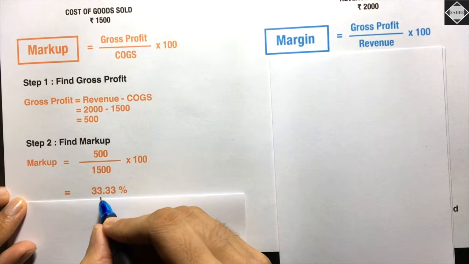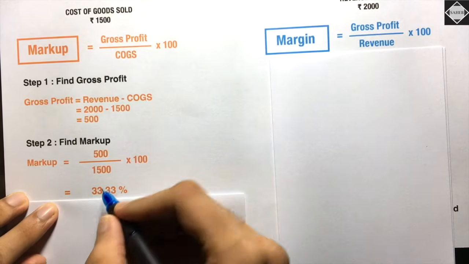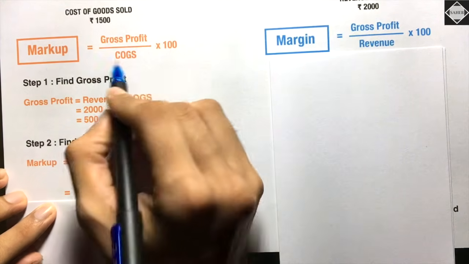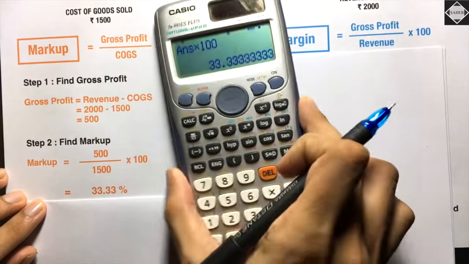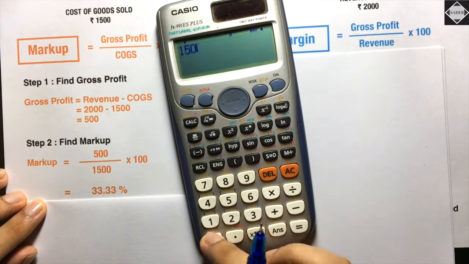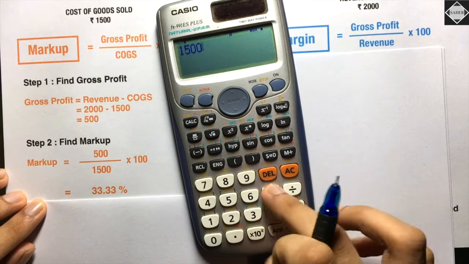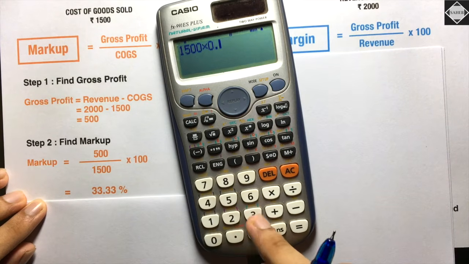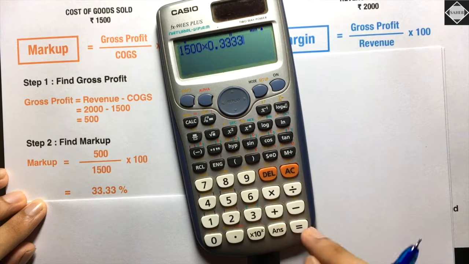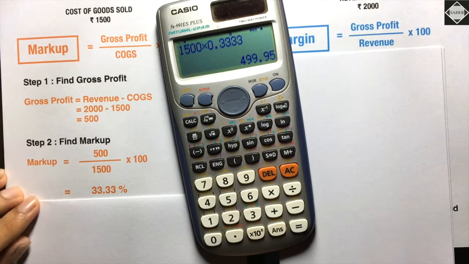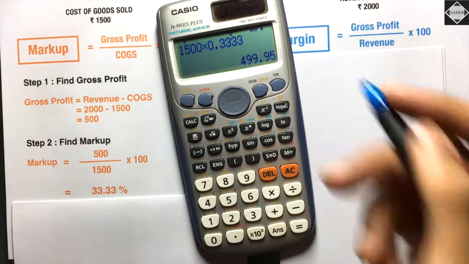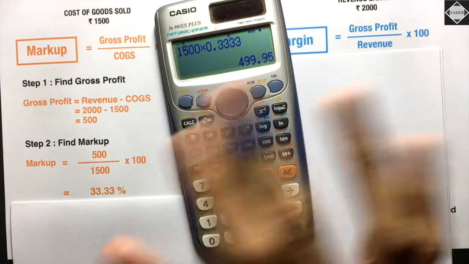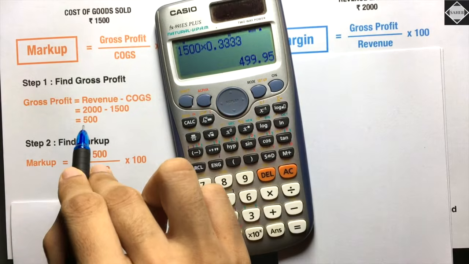You have to use this percentage on COGS, on cost of goods sold. Why? Because markup's friend is cost of goods sold. 1,500 is the cost of goods sold, times 33.33%, which you can take in decimals as 0.333, so that would be equal to 499.95. If you round that up, that will be 500 rupees. So 500 rupees is your gross profit, isn't it?